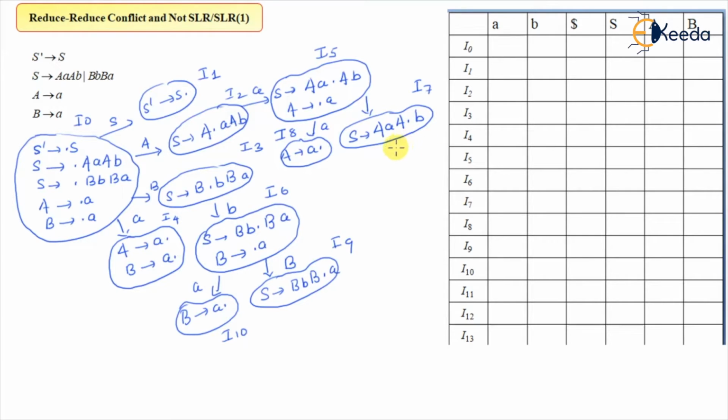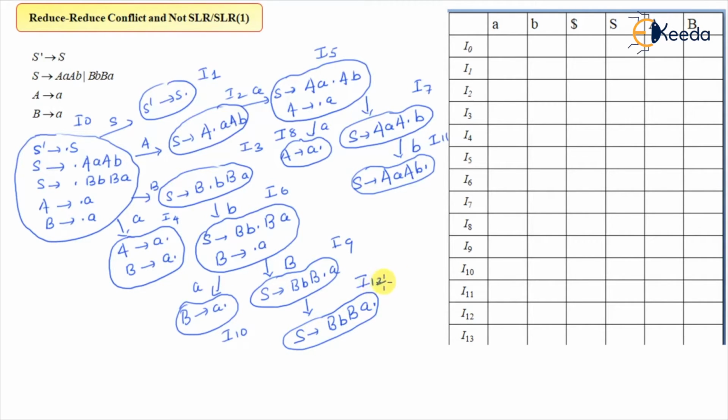Now on input small b, this will become S derives A a b dot, the dot will reach the end, and that is your I11 state. This was the only one left. So S derives b B a dot, and that is your I12 state.